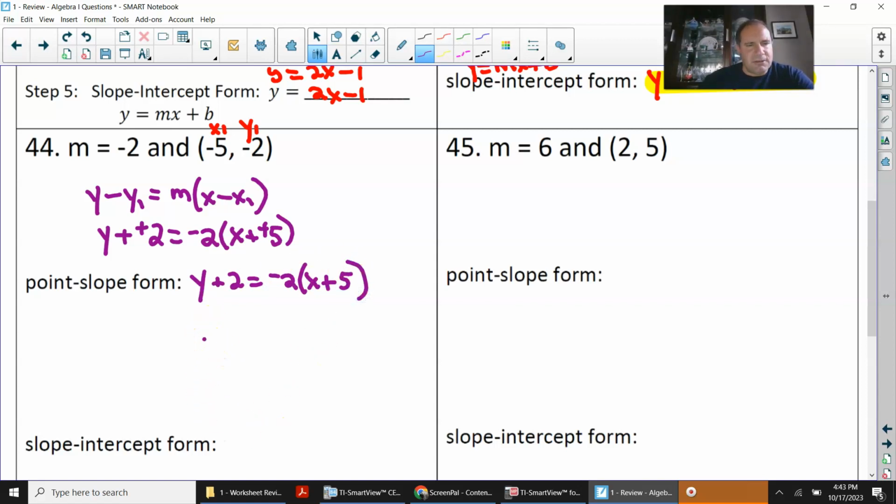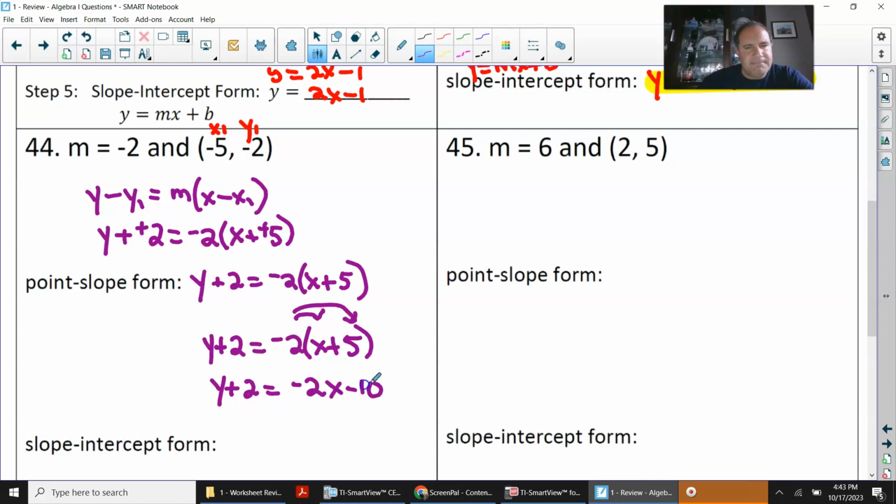That is point slope form. That is your answer. I'm going to rewrite it one more time. So now I could solve it. And I'm going to distribute. Y plus 2 equals -2x minus 10.